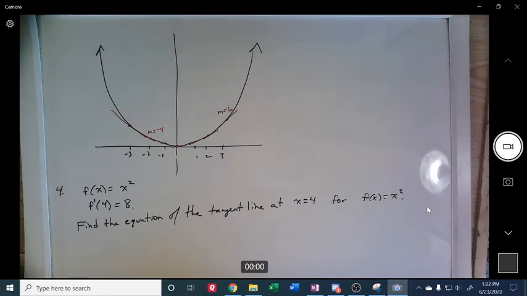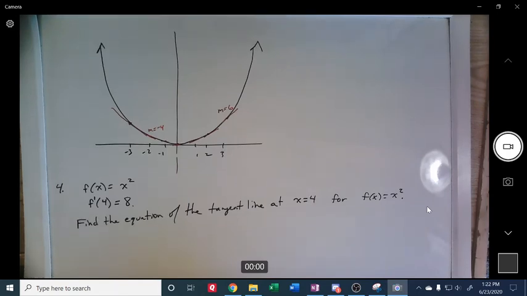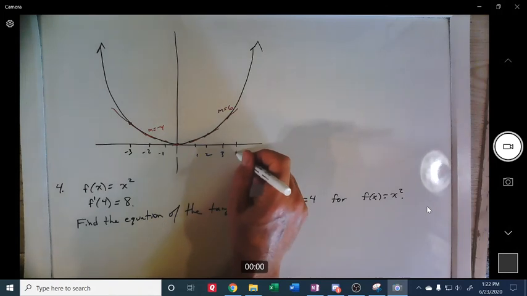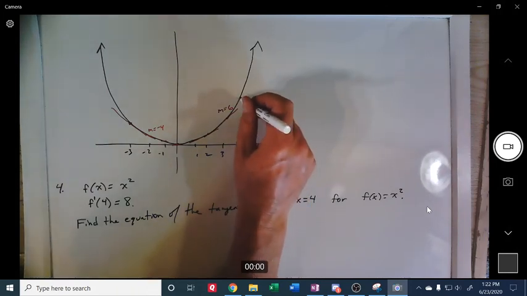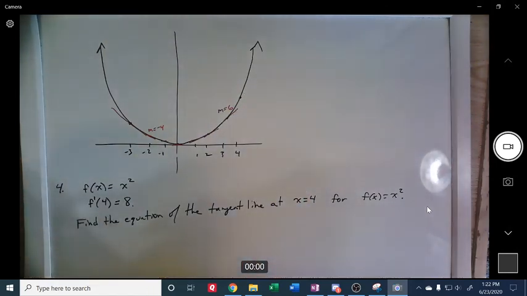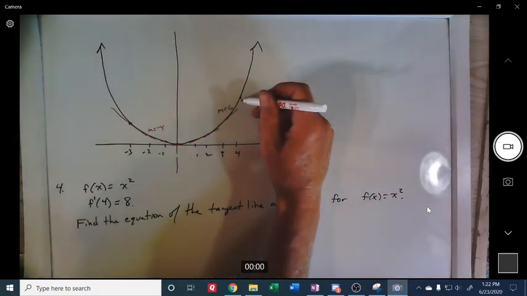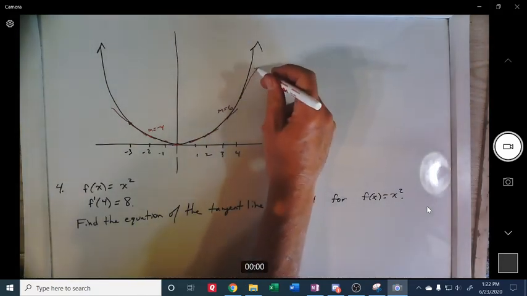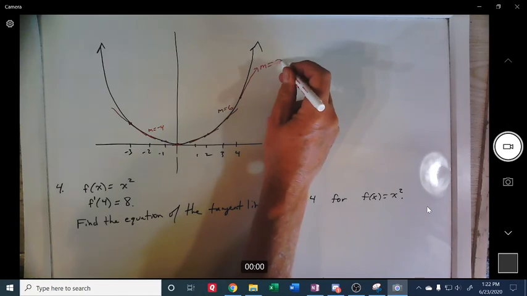All right. So this time, I didn't ask just what's the slope when x is 4. I asked what's the equation of the tangent line at x equal 4. So what I'm asking for is if we go over here to 4, straight up to here, we know this has a slope of 8.